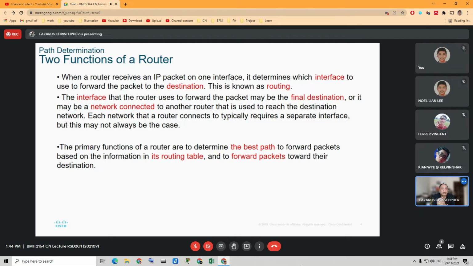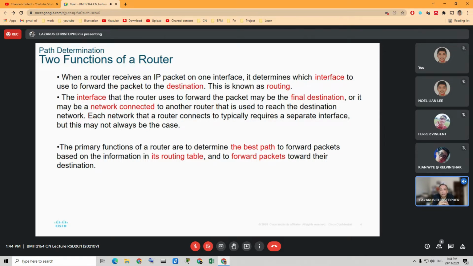So, functions of a router. When a router receives an IP packet from one interface, meaning ingress, yeah, right? Now it needs to know what to do with that packet. Basically, it needs to route that packet. So it needs to find out which of the other interfaces it should forward that received packet towards, right?